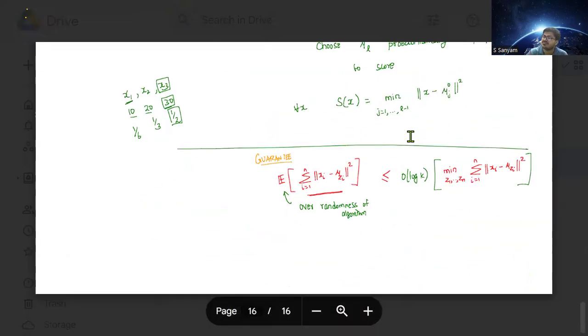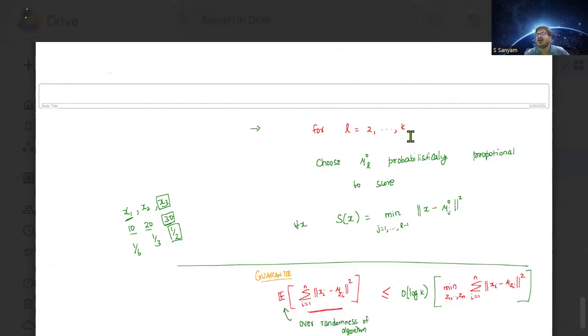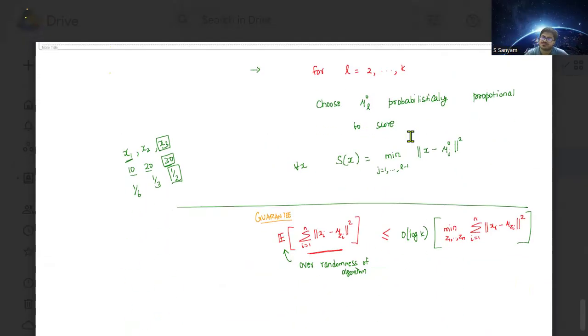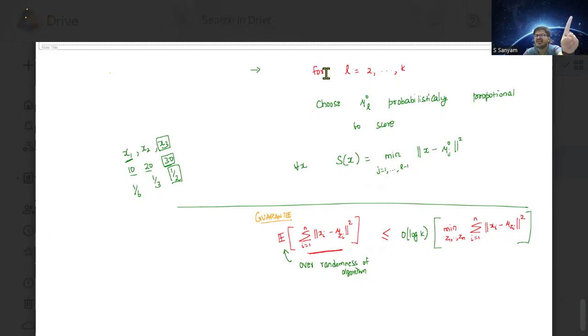I will show. The page numbers here are assigned in the wrong way. We have randomly chosen the first cluster mean. We are trying to reduce the randomness because randomness has given us the drawback. So the second cluster mean will be chosen on the basis of this probabilistic score.